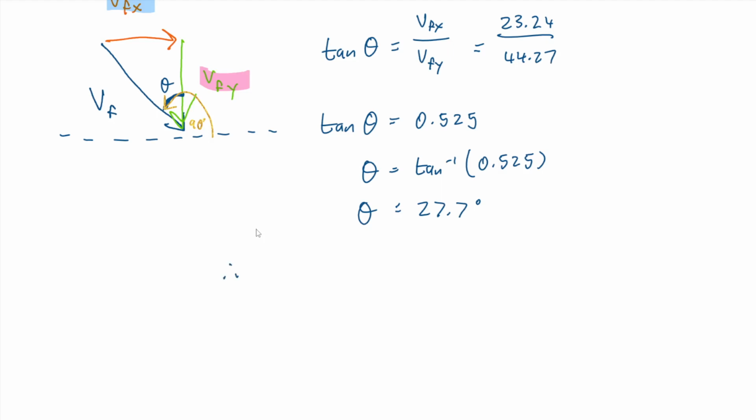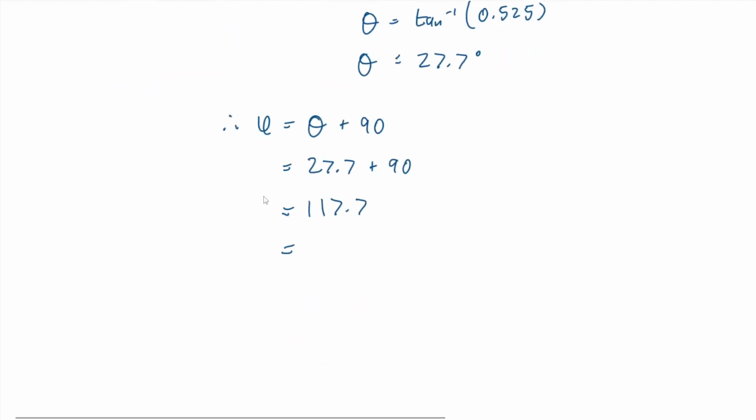So therefore, let's just use phi is theta plus 90, 27.7 plus 90, what's that, 117.7, or as 1 sig fig, 100 degrees. And we would say counterclockwise from horizontal.